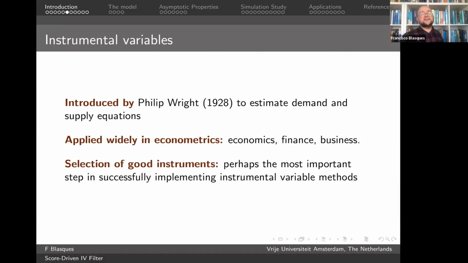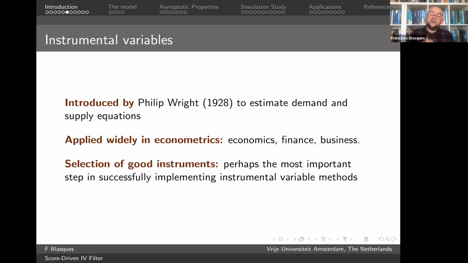So this was a treatise on the production, supply, and demand market for butter and its derivatives. So completely unrelated, and it contained an appendix where an argument was made for how instrumental variables could be used in estimating the supply and demand equations for the market for butter in the United States.